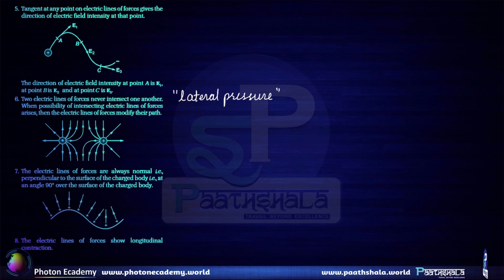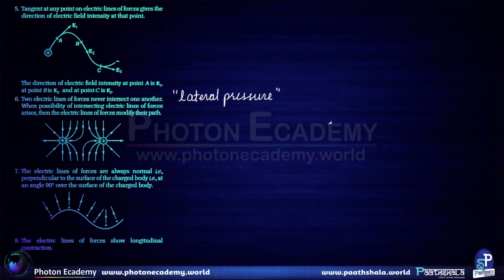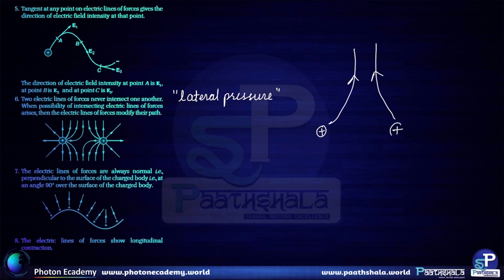If they are about to intersect, say one was naturally moving like this and another like this, this is not how they will behave. They will exert pressure on each other, and this is how they will go. We see this in the case of two positive point charges, as shown here. They exert lateral pressure on each other and effectively don't end up intersecting.